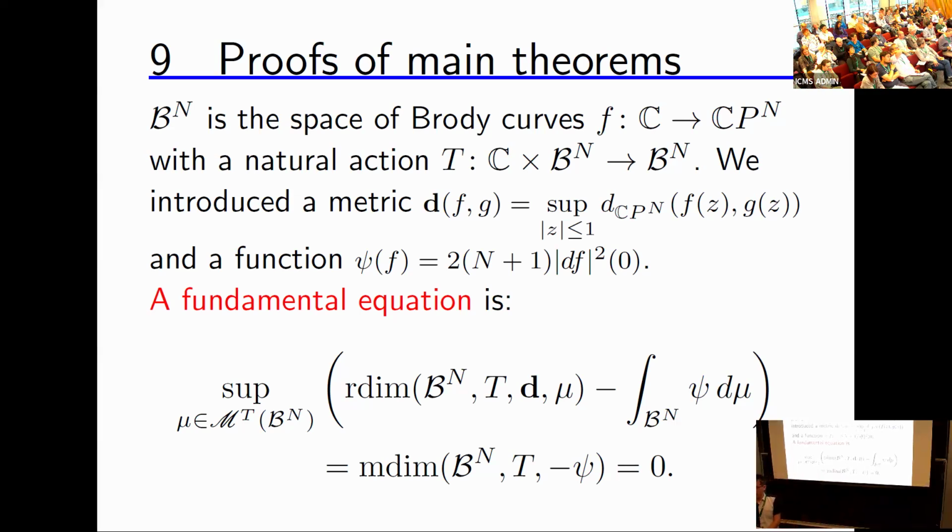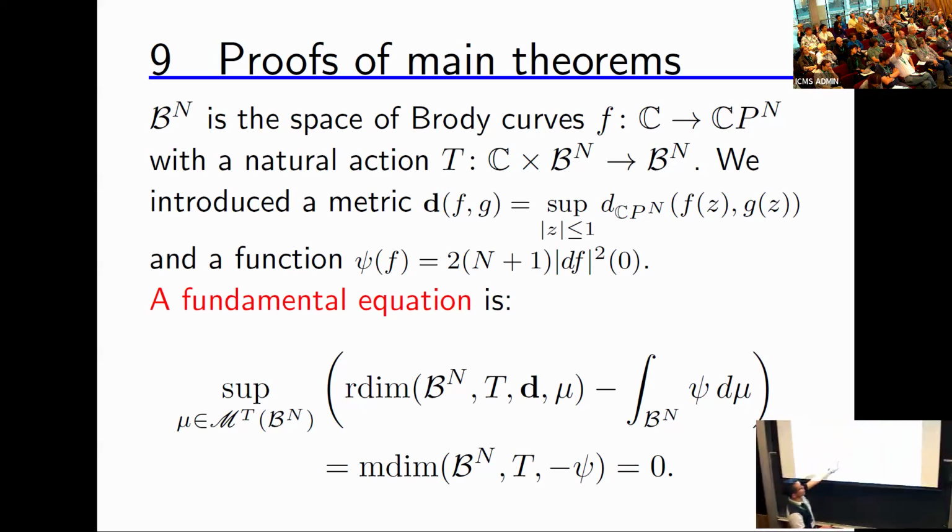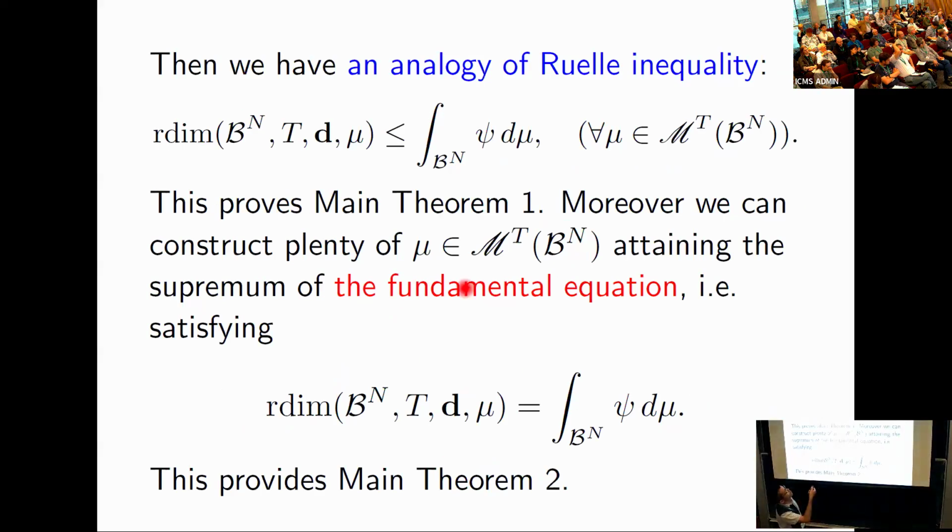So I think this is very similar to the Sinai-Ruelle-Bowen theory. So in the case of Sinai-Ruelle-Bowen theory, this term becomes the Kolmogorov-Sinai entropy. And this term corresponds to topological pressure. And it is equal to 0 in the case of Axiom A attractors. Okay, now we have this equation, and it is easy to see that this equation implies our first main theorem.